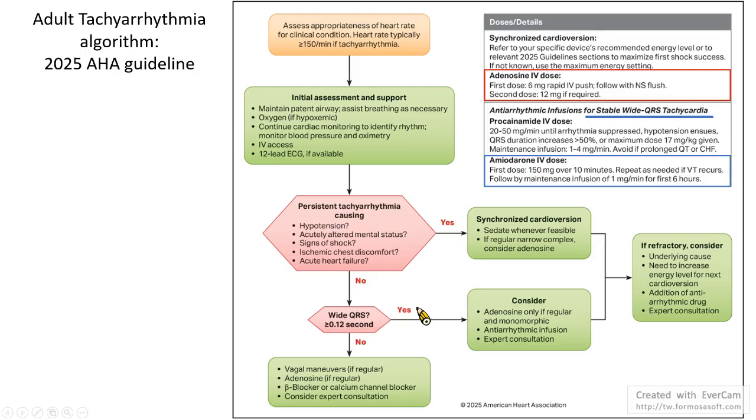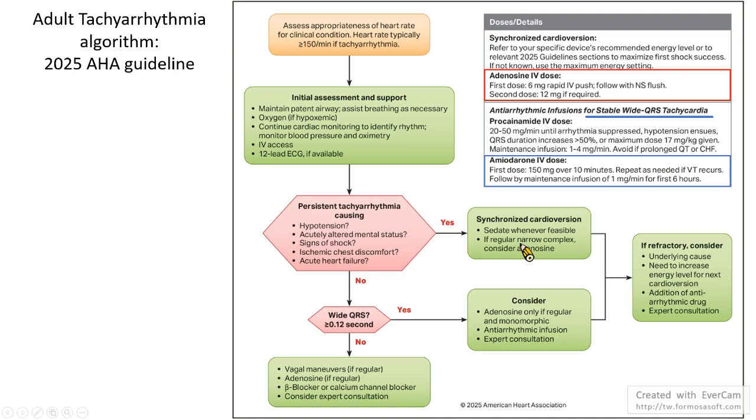So here is the algorithm for tachycardia in the AHA guideline. Focus on whether the patient has a persistent tachycardia and is symptomatic. If so, and it is probably life-threatening, then we need to immediately start synchronized cardioversion.